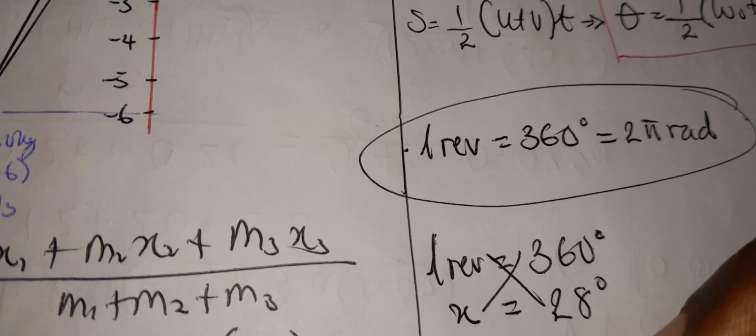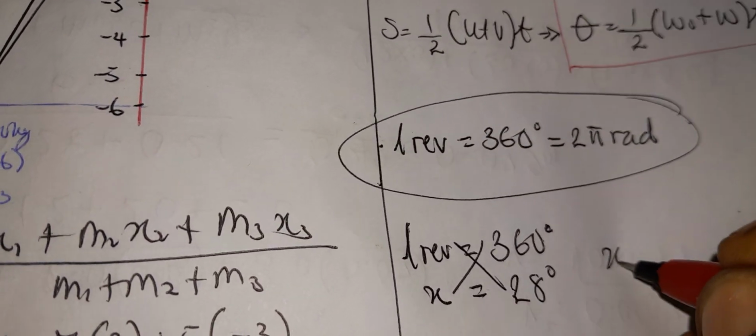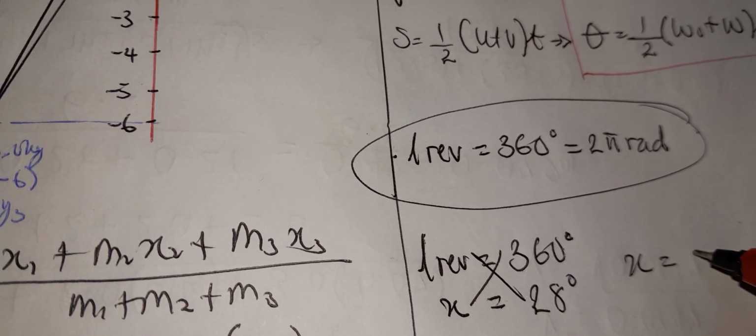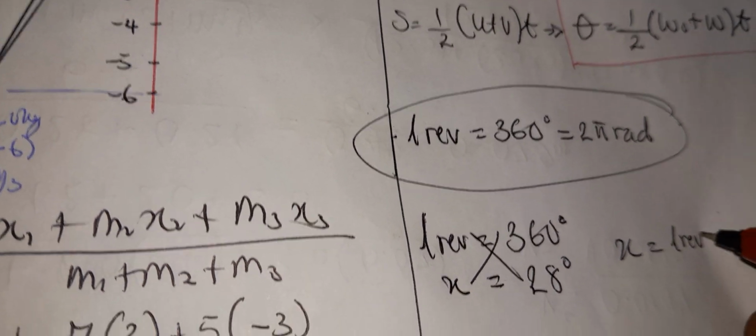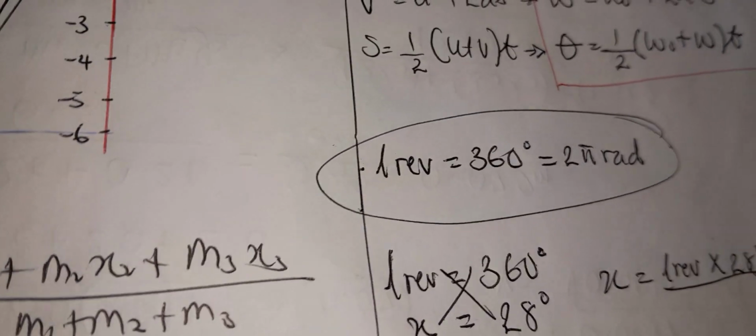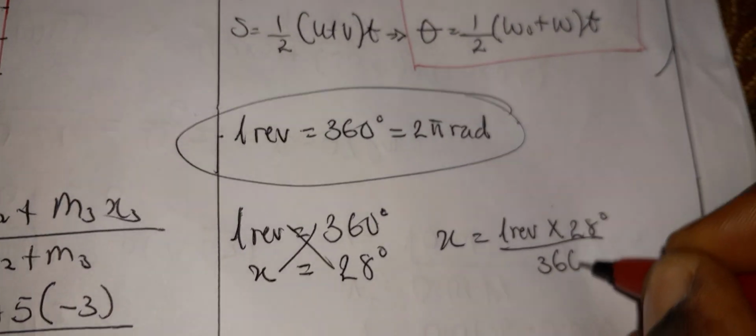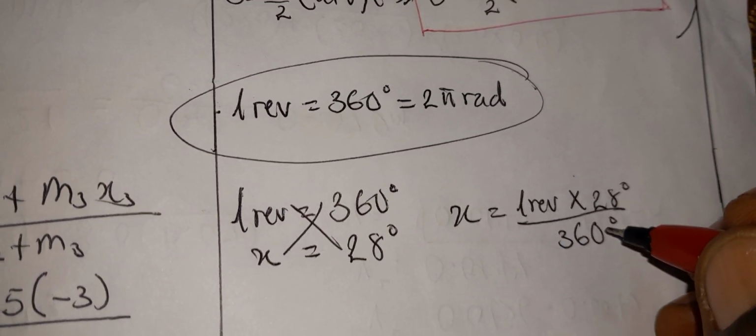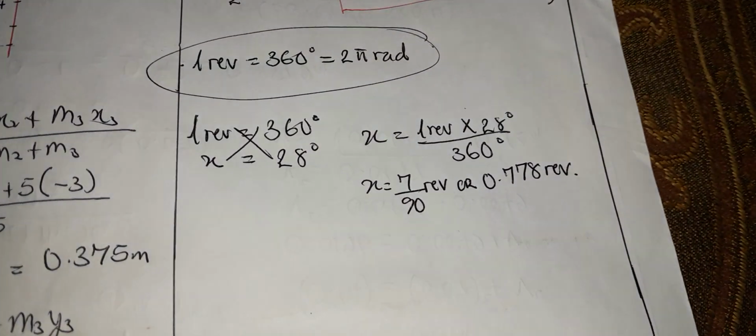All we need to do is cross multiply. x equals 1 revolution times 28 degrees over 360 degrees. Right, so this will be our answer.